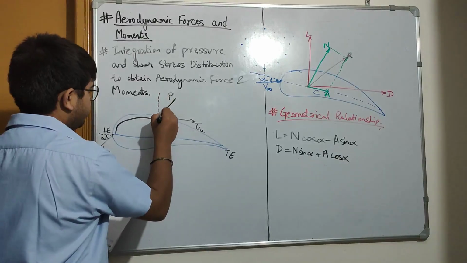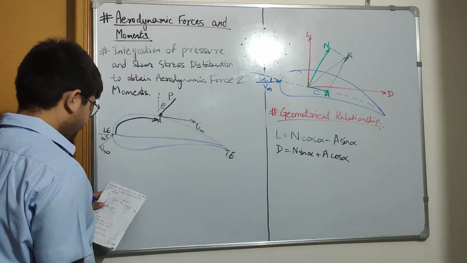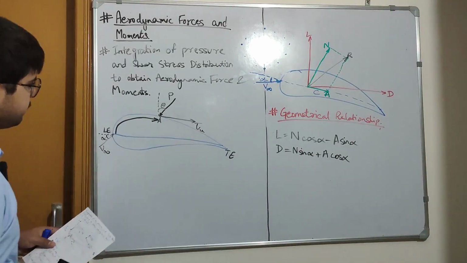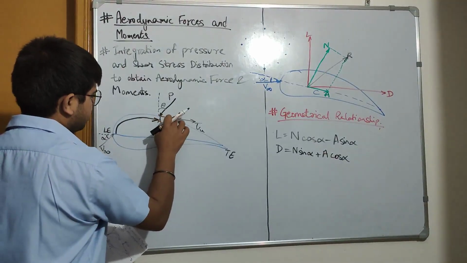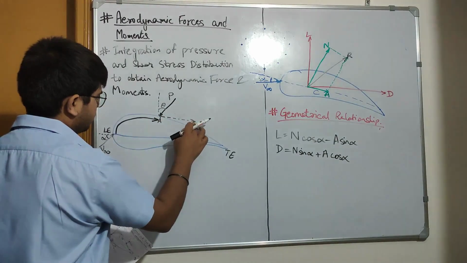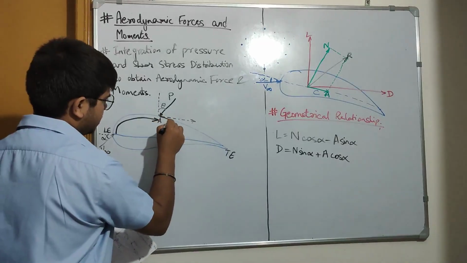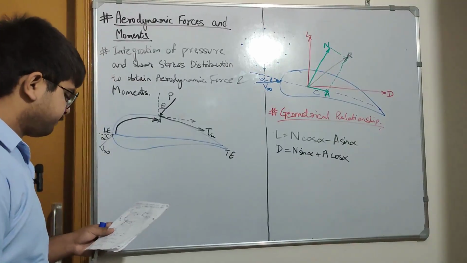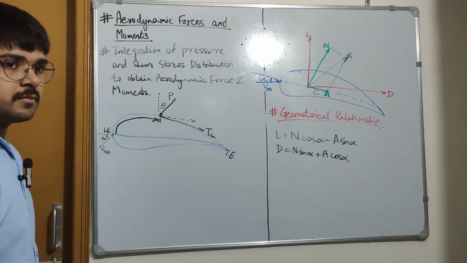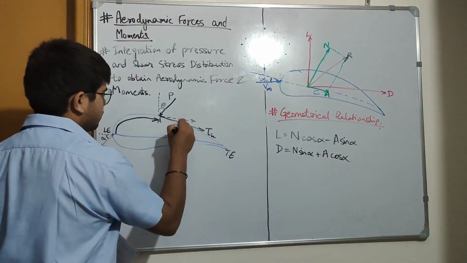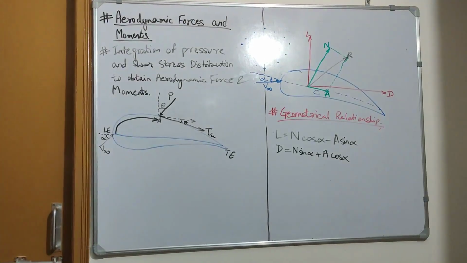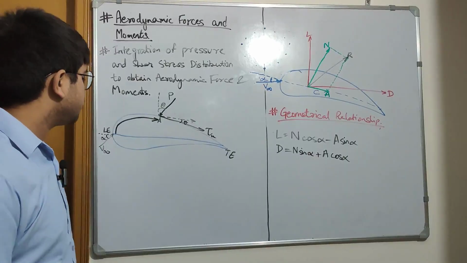This is at an angle of theta, and this is also theta. So this is called point A.